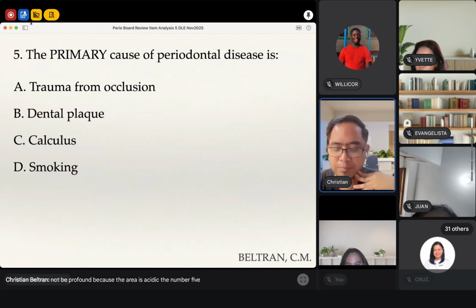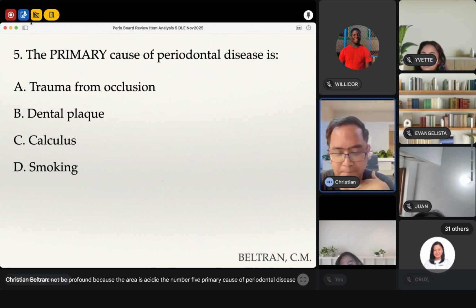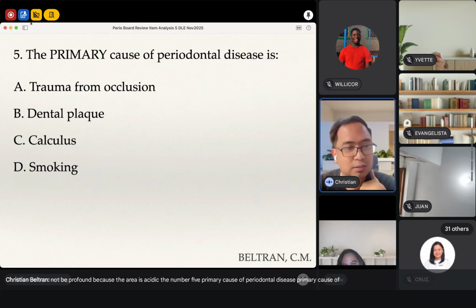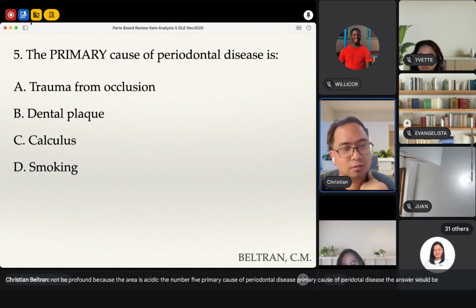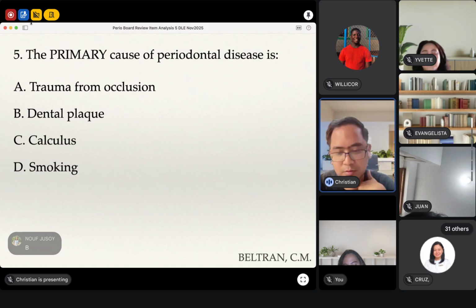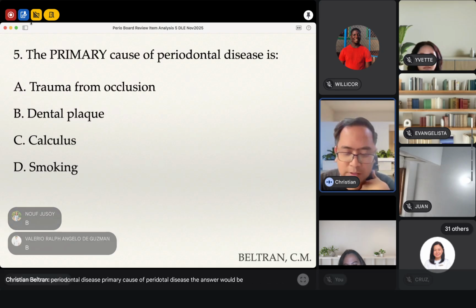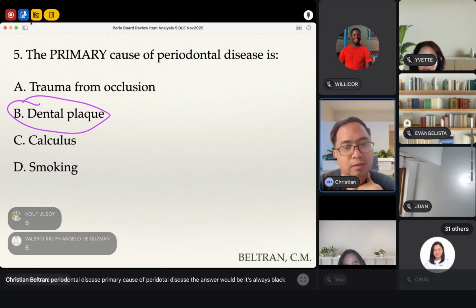Number 5, primary cause of periodontal disease. Ulit-ulit siya, no? Pero iba lang yung way of pagkaka-deliver. So primary cause of periodontal disease. The answer would be trauma from occlusion, dental plaque. It's always plaque. Okay?